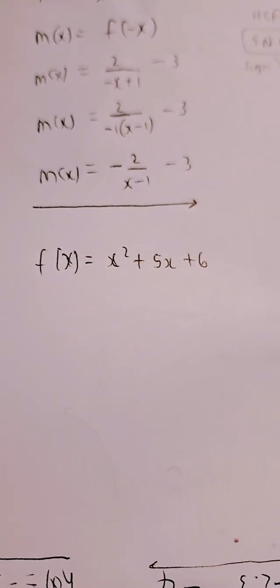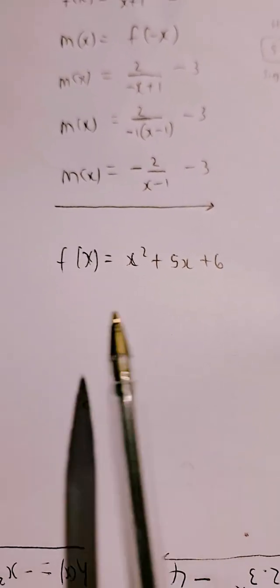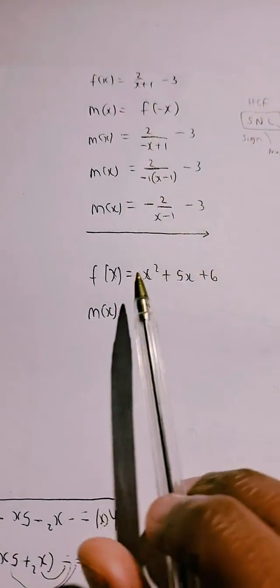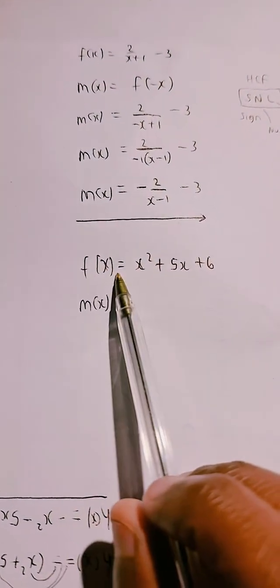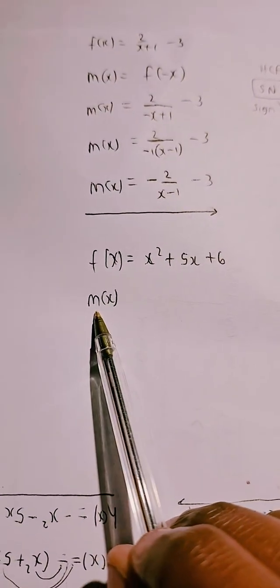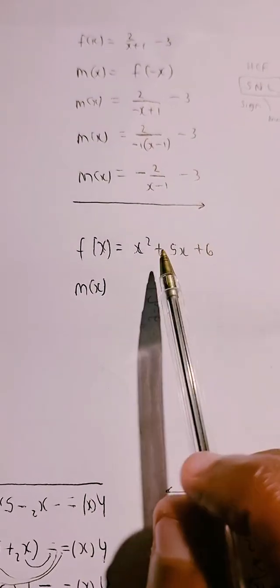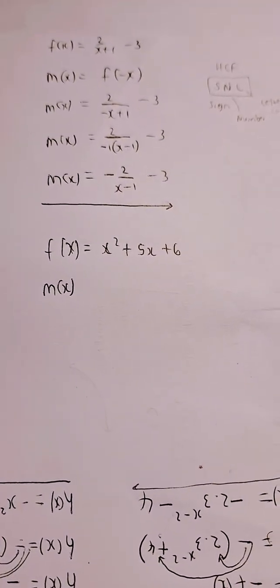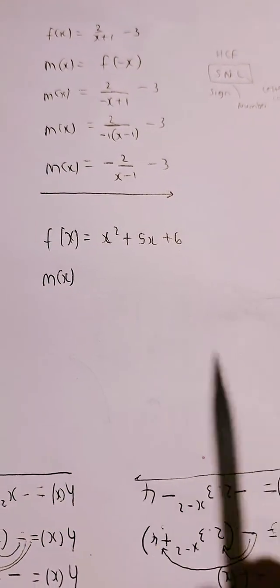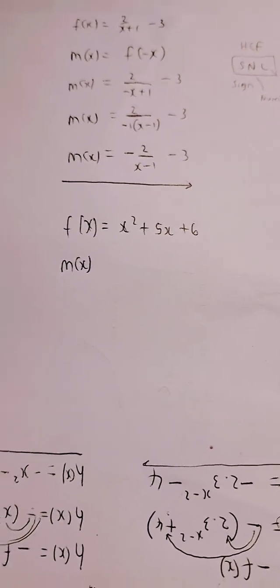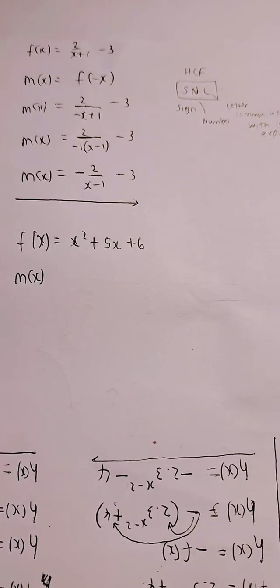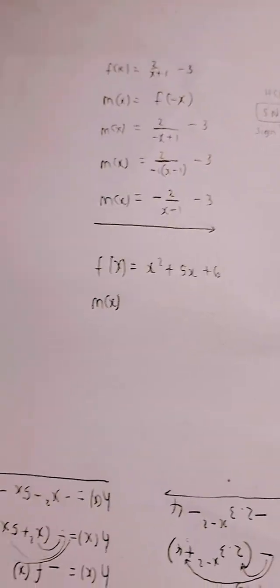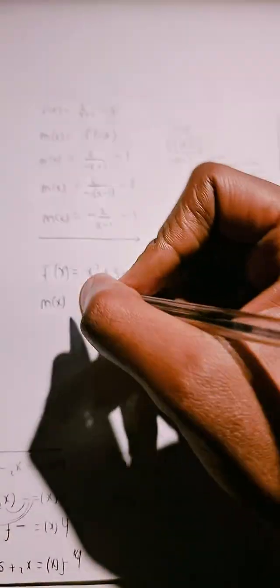f of x equals x squared plus 5x plus 6. Sorry, guys, I'm talking too much now. Let's move on. We wanted to find the reflection of f of x, the new function m of x, when it's reflected along the line x equals 0, or along the y-axis. Remember, reflection on the y-axis means x changes.